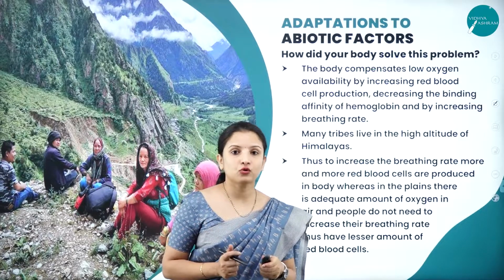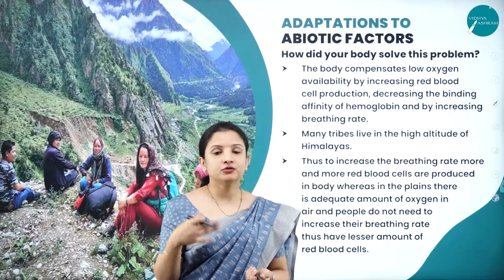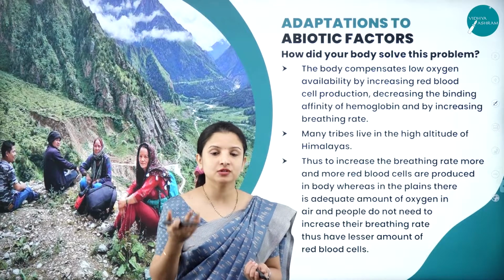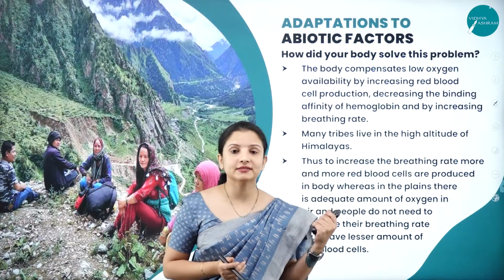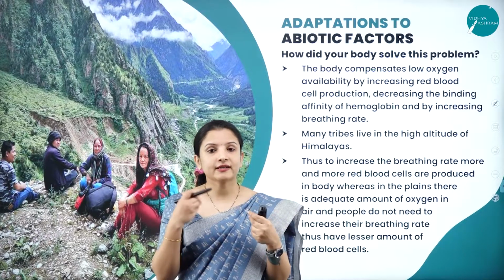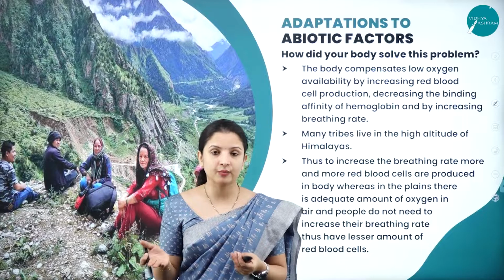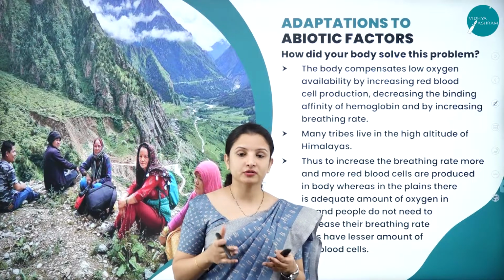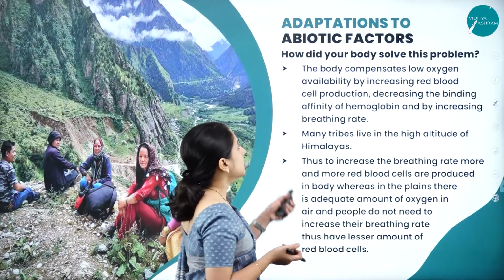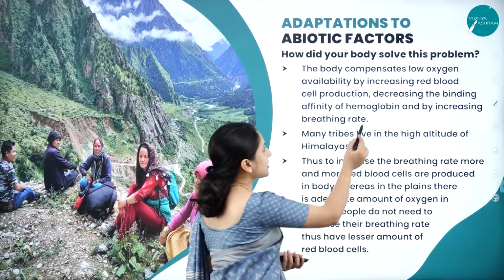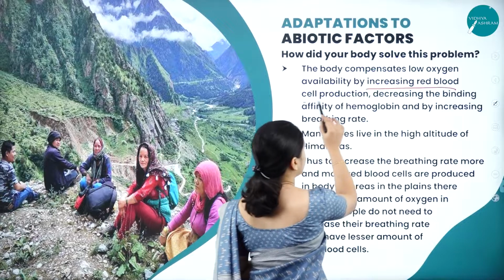Before that, I had told you about the travelers who visit Rohtang Pass or any of the higher altitudes. In the previous slide, we discussed how we get adjusted to higher altitudes after some duration of time. How is that actually possible? How does the body adjust? The body compensates for low oxygen by increasing red blood cell production.